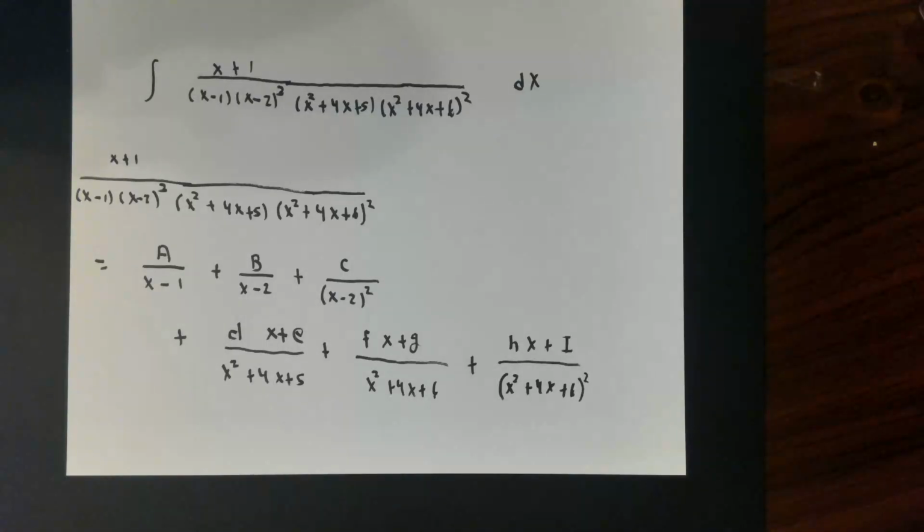I have an irreducible quadratic, and then the square of an irreducible quadratic. If you think about what you're going to have to write down in order to decompose this, it's beginning to get a little bit out of hand. But even so, on a philosophical basis, in principle, you could sit down, figure all of those constants out, and have the integral.